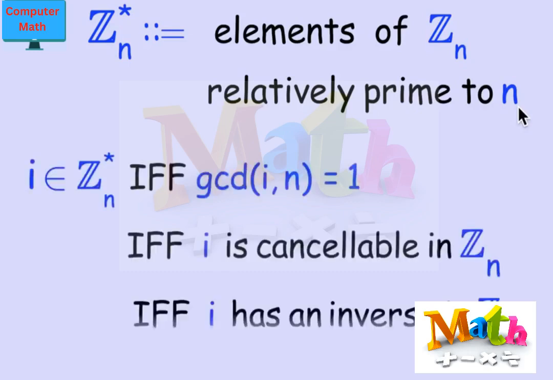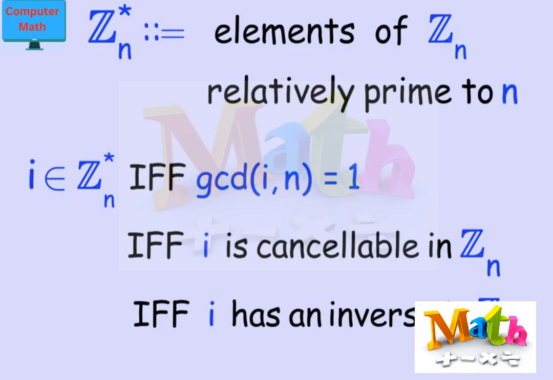So what we have is the following equivalent formulations of Zn star, which correspond to the facts we've already figured out about congruence. Namely, an integer I in the range from 0 to n is in Zn star if and only if the GCD of I and n is 1, or I is cancelable in Zn, or I has an inverse in Zn. All of these three things are equivalent.